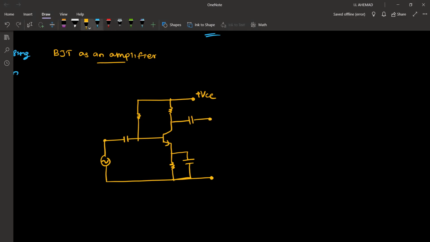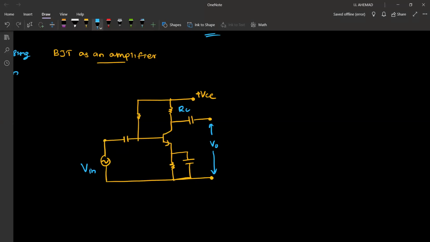So this is going to be our input signal, V in, a sinusoidal signal, and we are going to get the output between these two. This is going to be our output, V naught. So we are going to use this transistor to make an amplifier.